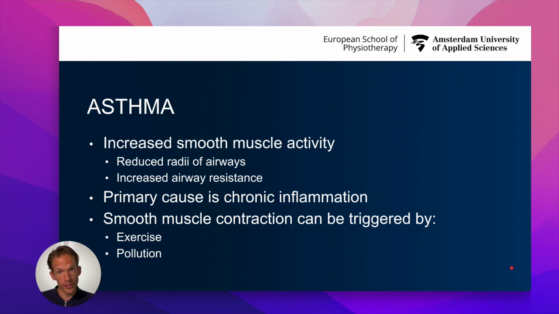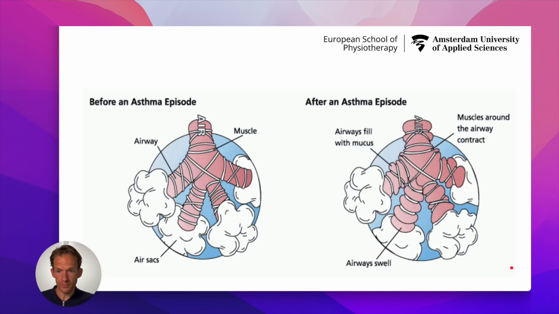The reason for this reduced radius is a chronic inflammation that will trigger smooth muscle contraction, and that could be triggered also by, for example, exercise or other chemicals, pollution or pollen. Hay fever, for example, is also a trigger that could cause the smooth muscles to contract, constricting the airflow, and therefore increasing the resistance.